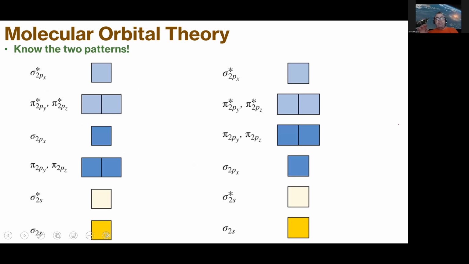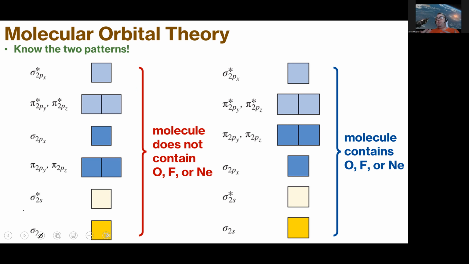Now, if you want to talk about it later, we can, but there are two different ways these molecular orbitals can line themselves up. There's this pattern on the right and there's this pattern on the left. It's based off of what atoms are involved. The only difference is in the middle.